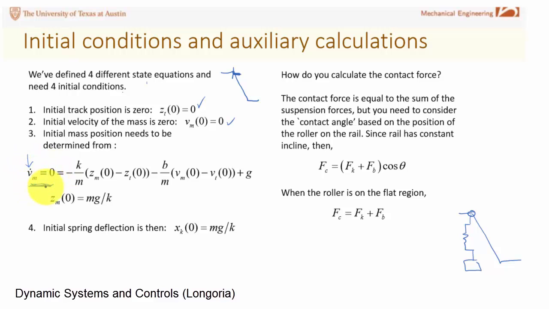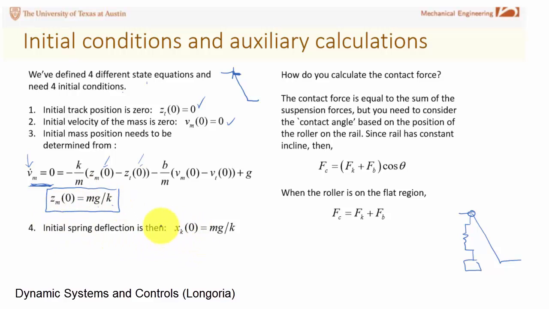That's the equilibrium relation. Plug in all the known variables and parameters, and at the end of the day you can end up with a relationship for the initial position of the mass at time 0 in terms of the mass, gravity, and the stiffness.